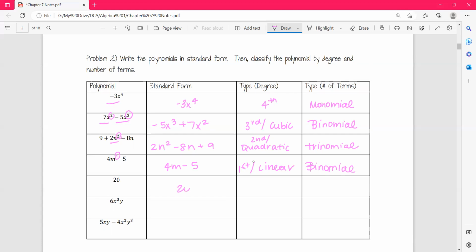20, well, it's already in standard form. Degree, there's no variable, no exponent, so it's a 0 degree, or a constant. 1 term is a monomial. 1 term, it's already in standard form. Exponents are going to be 4th degree.